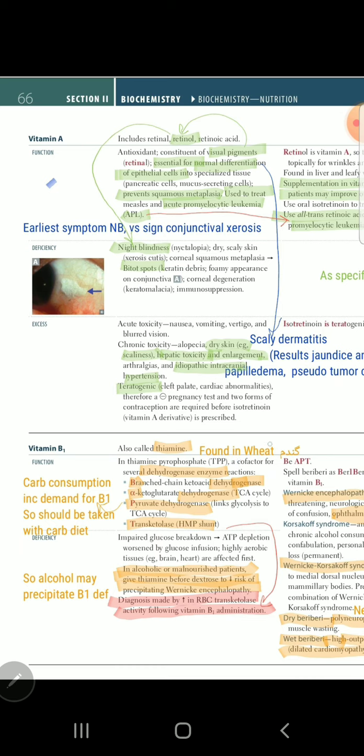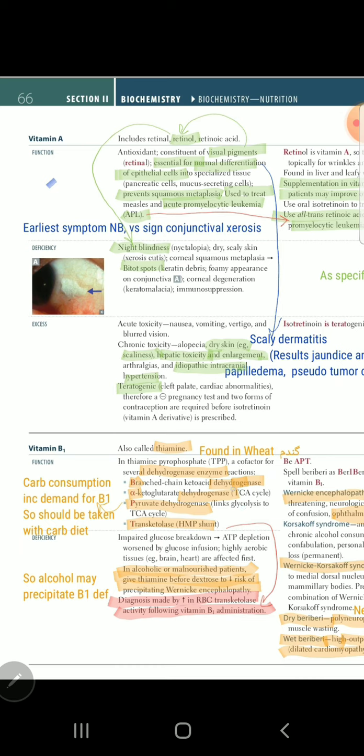So wheat is related to carbs, and carbs are related to B1. They should be taken with B1. It is a cofactor for dehydrogenase enzymes: branched chain ketoacid dehydrogenase, alpha ketoglutarate dehydrogenase, pyruvate dehydrogenase, and transketolase. So the first three are dehydrogenase enzymes, branched chain and alpha keto.